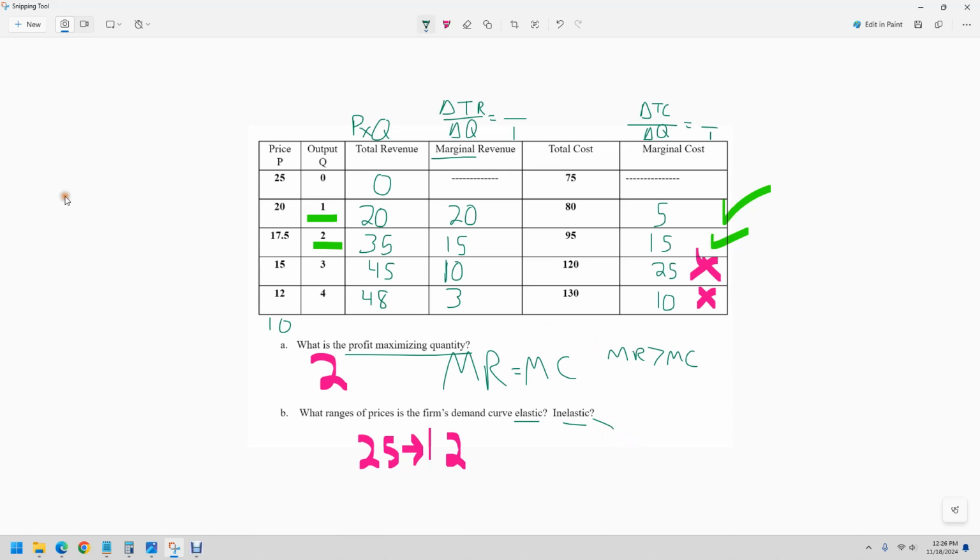I can sort of work something out if I wanted to, but the demand curve will be inelastic whenever marginal revenue is negative. So probably the next price, whatever that lower price is, would give us a negative marginal revenue. I just don't know exactly what the quantity is because I don't know exactly what the shape of this is. And that's how to solve for profit maximizing quantity for a monopoly in a table.